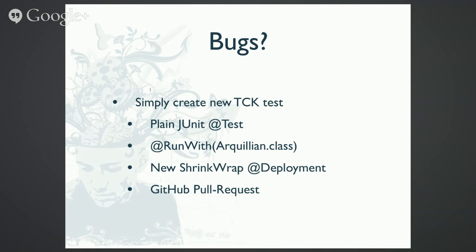Somebody, either me or somebody from the Google side, will review it, discuss it on the code as you normally do in GitHub. And most of the time, if somebody has a valid case, we always merge it into the TCK. The easiest way is to look at an example of how it's done, copy paste it, fix it so it resembles your problem, and then run it against your code.